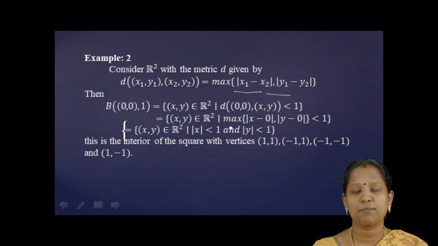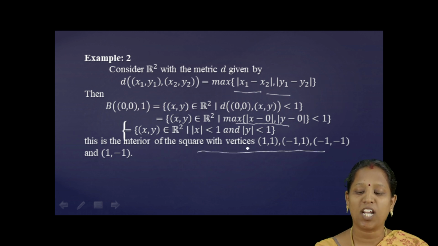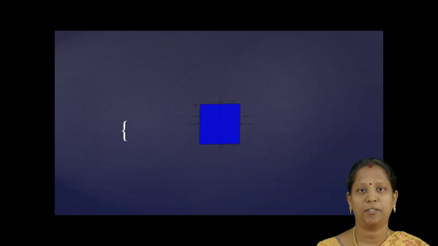So this ball contains all points (x, y) in R2 such that the maximum of modulus x, modulus y is less than 1. This is the interior of the square with the vertices (1, 1), (minus 1, 1), (minus 1, minus 1) and (1, minus 1). This is shown in this figure.